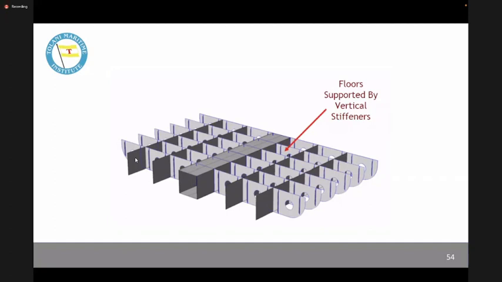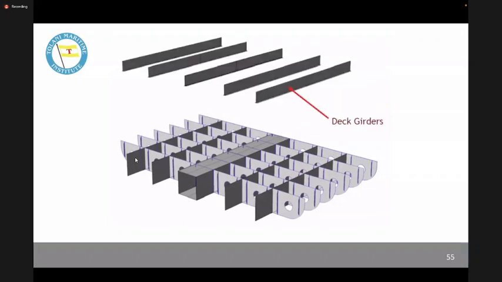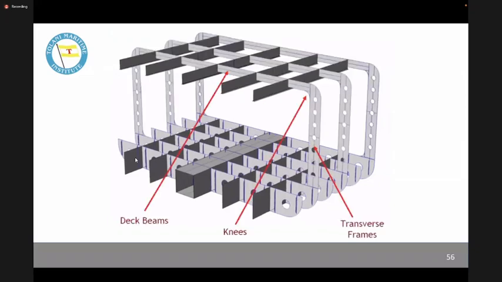But if it is a longitudinally framed ship, we need to have longitudinals also. We have the deck girders. We have our ring structures. That is floor for the bottom structure, transverse frames for the side shell, and deck beams or deck transverses under the deck. And we have connected them using brackets here and here.